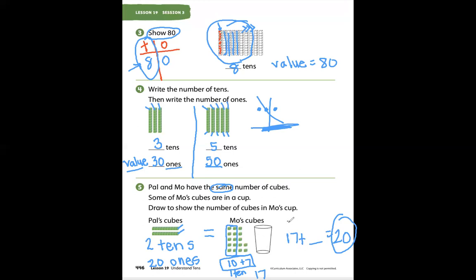So we can count on. This has to be a part plus a part equals the whole. We can count on from the part we know up to the whole, right? 17, 18, 19, 20. So there's 17 here, 18, 19, 20. There are 3 cubes hidden in the cup.